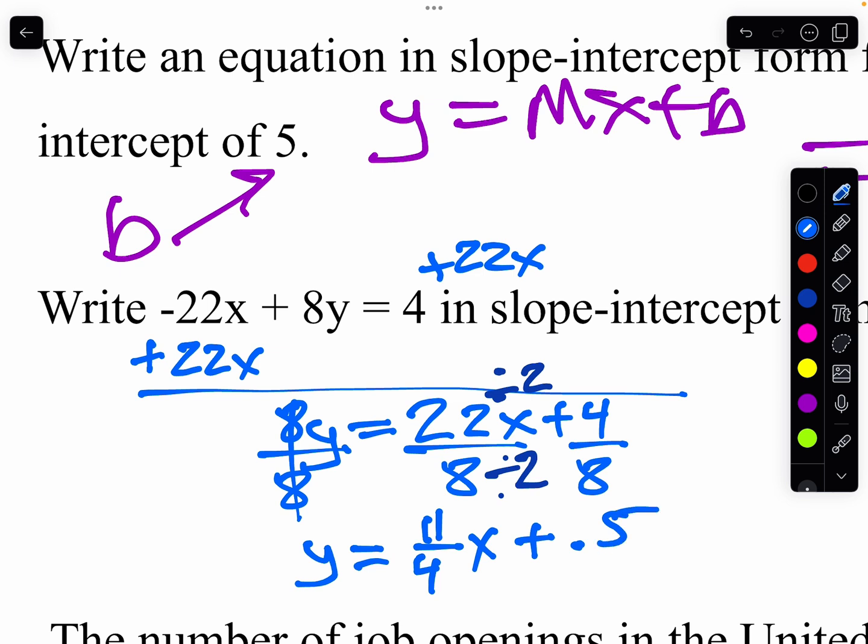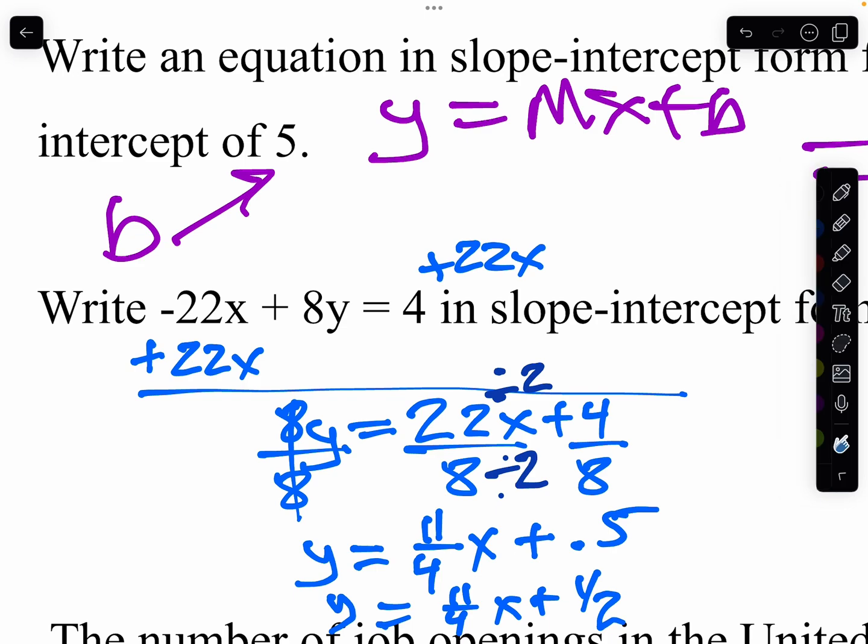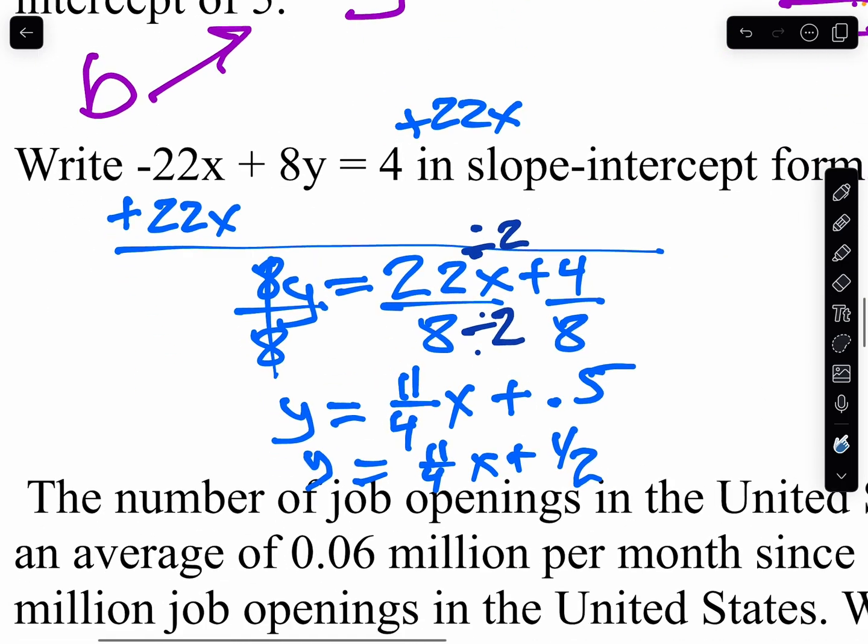I'm going to say plus 0.5. So 11 fourths plus 0.5. Now it's not wrong to write them both as a fraction. I just think it's easier to graph if you know the decimal, the starting point's at 0.5 versus 1/2. But they mean the same thing.